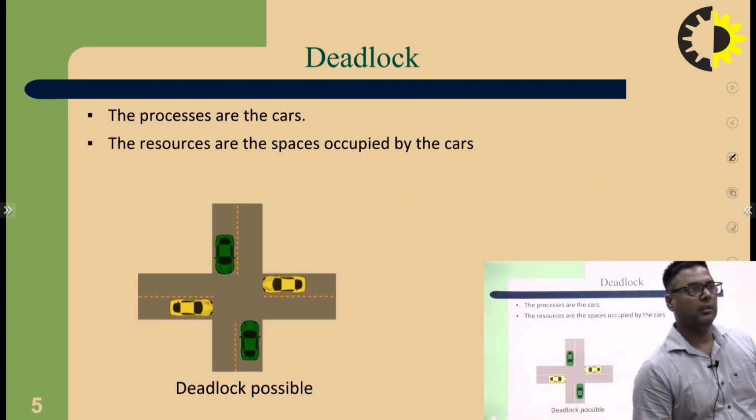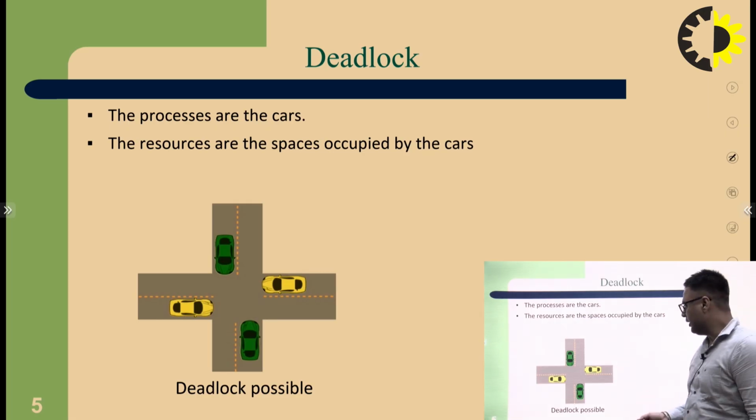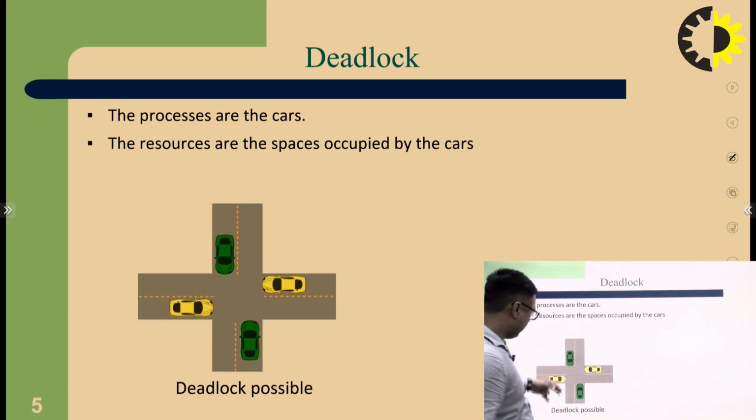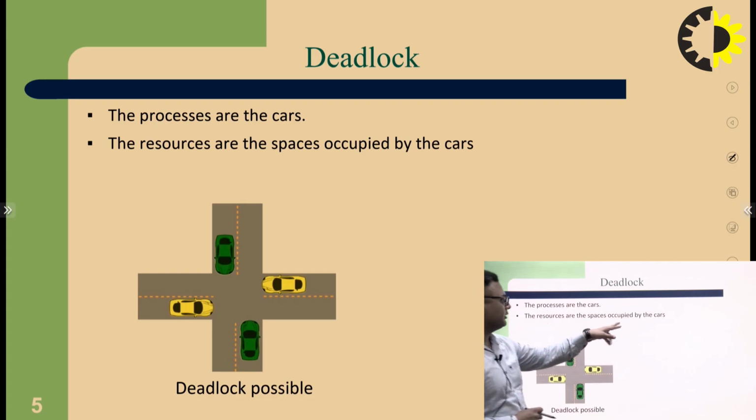Here is another example. Assume that cars enter a main road from every side, and both sides are in use. If at one time all cars are present in the main position, it creates a stuck condition, and it is a deadlock possibility. Here the processes are the cars, and the resources are the spaces occupied by the cars.